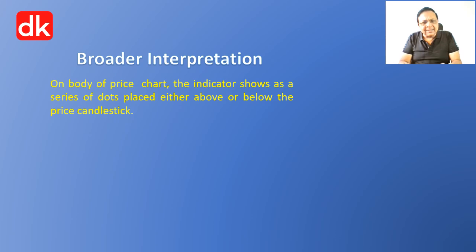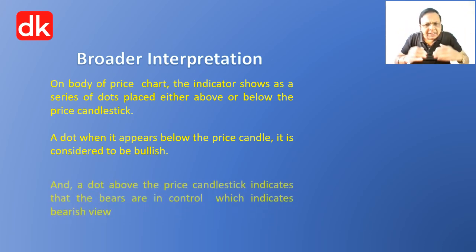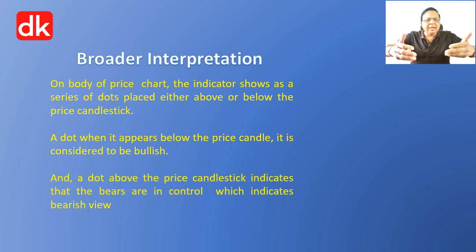Now let us understand how this simple interpretation is made when you are using the parabolic SAR. If the dots are appearing below the candlestick, it indicates the bullish view. It is that simple. And if the dot is appearing above the price candle, it indicates the bearish view.